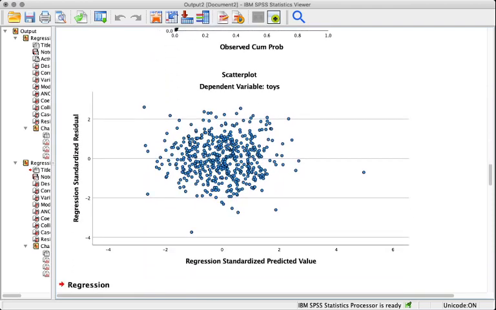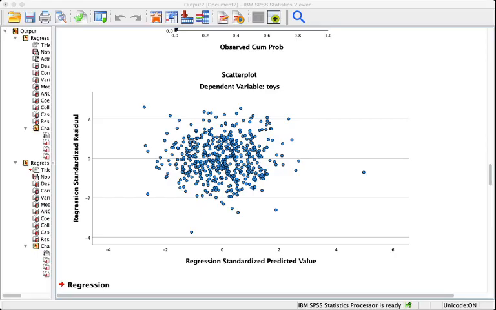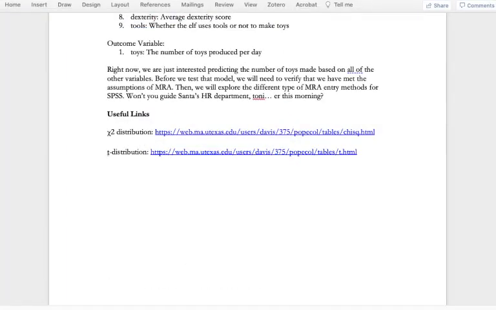Then we can look at the scatter plot. Now this scatter plot is actually one of the most useful things that you will get for determining the assumptions. What do I mean by that? Well, let us go back to this document.